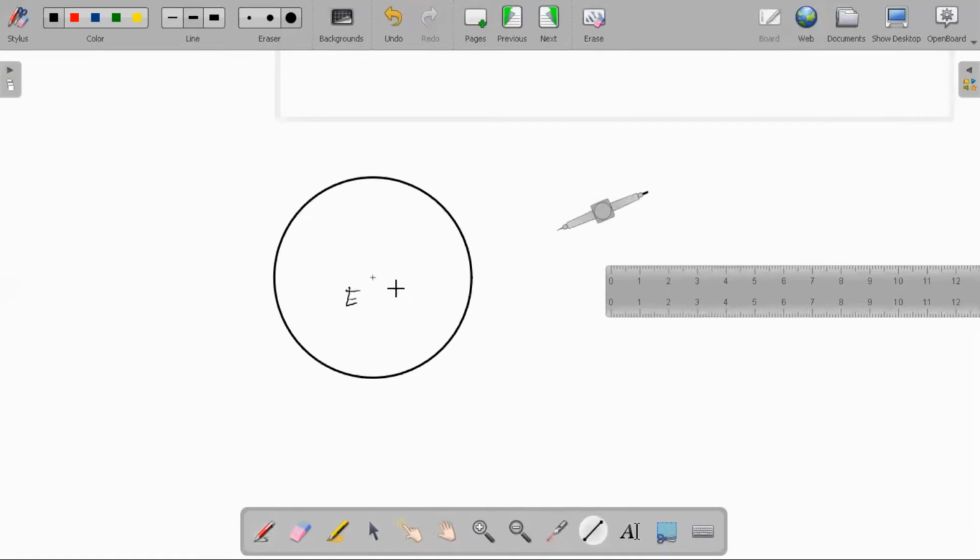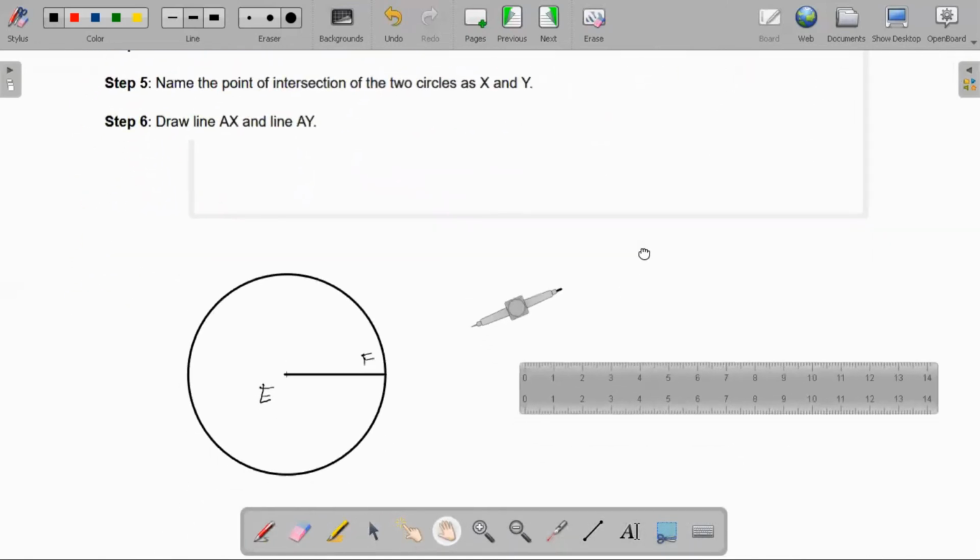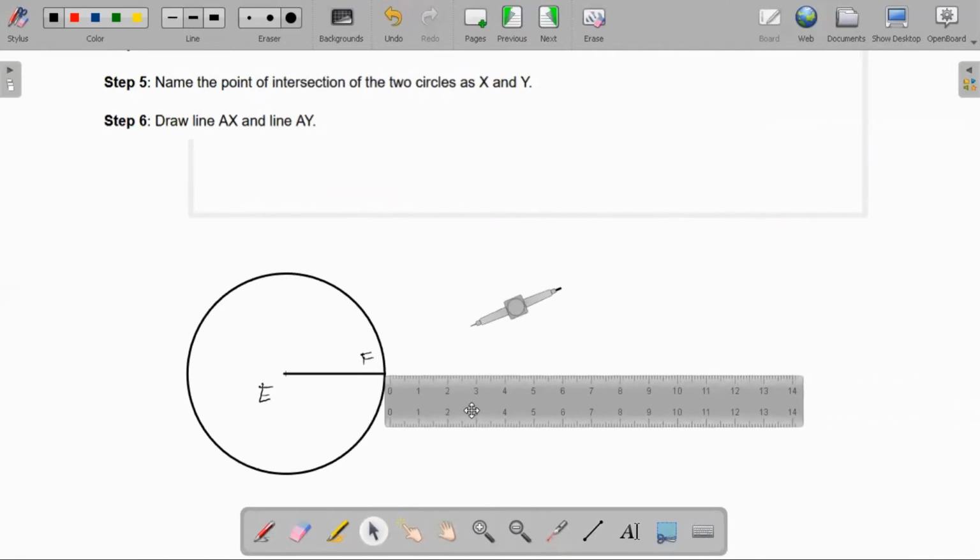After that, they've said you take point F on the circle. So this will be my point F. Once you get your point F, you take A in the exterior of the circle such that distance FA is 4.1. So for this, you'll require your compass. Put your compass at point F and measure 4.1 here.